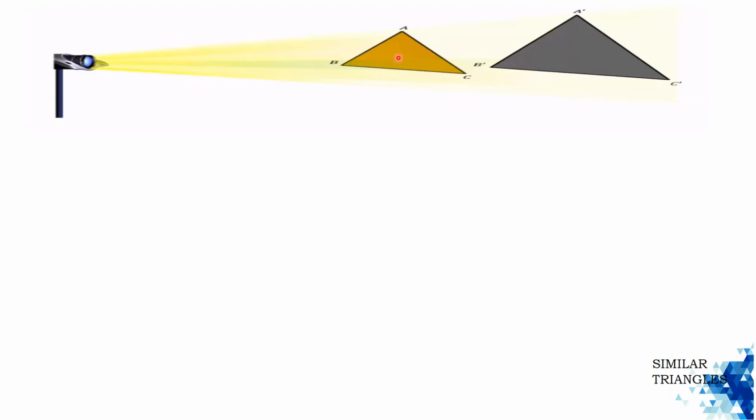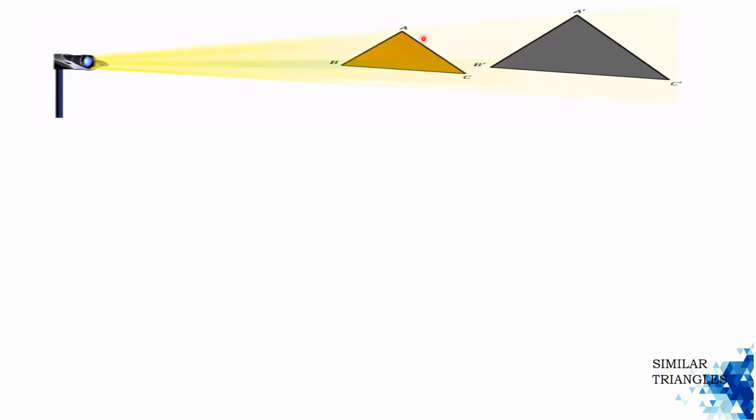Obviously, the original triangle only gets increased and becomes a big triangle, right? It is modified or increased in size in some proportion, and that shadow is formed. So I can say this shadow triangle is similar to the original triangle.